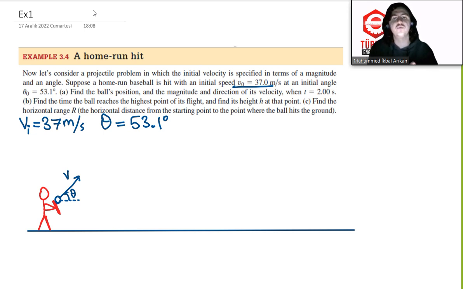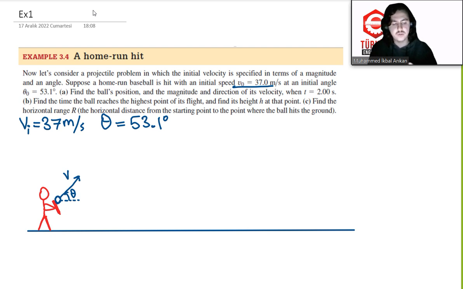So it's asking for t max. And find its height at that point. So it's asking for h max, which is delta y max. Find the horizontal range R, the horizontal distance from the starting point to the point where the ball hits the ground.